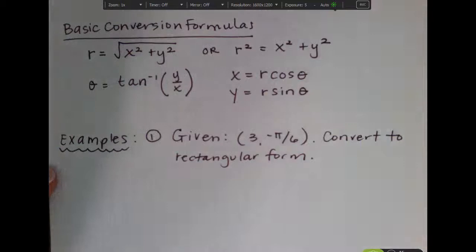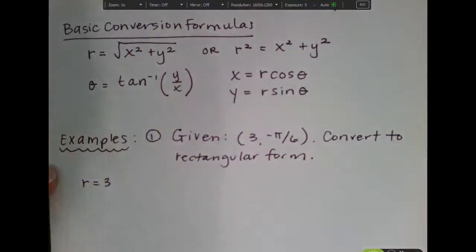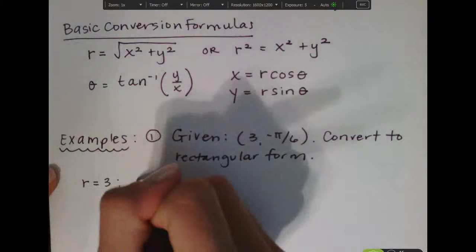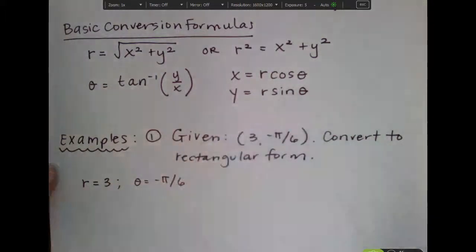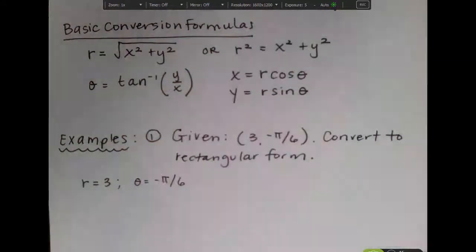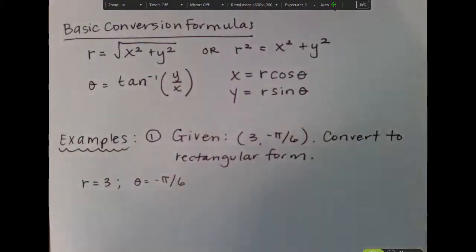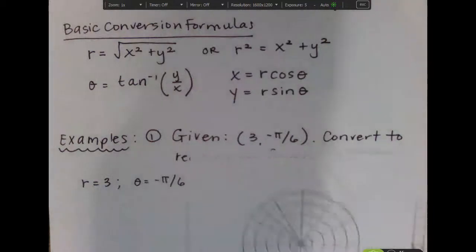Because this is currently in polar form, I can assume that r equals 3 and that theta is negative pi over 6. I'm going to bring in a polar grid right now and actually plot that point before we do the conversion. In Canvas, I've made available a document that has a whole set of polar grids, so you can practice plotting points yourself as well.